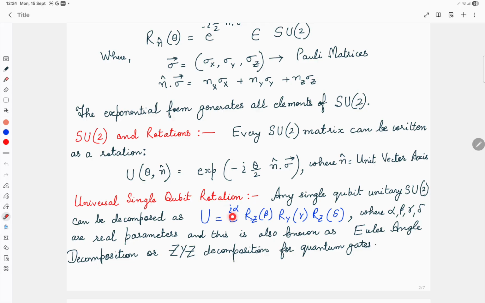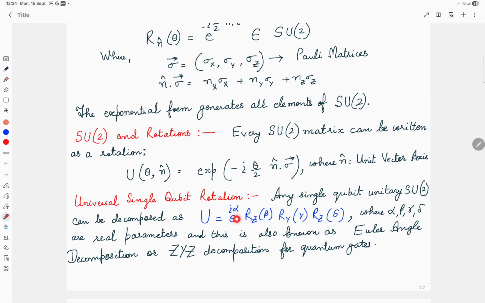We can ignore this, of course, and further in the decomposition will come an RZ rotation with angle beta, RY rotation with angle gamma, and again RZ rotation with angle delta, where alpha, beta, gamma, delta are real parameters.